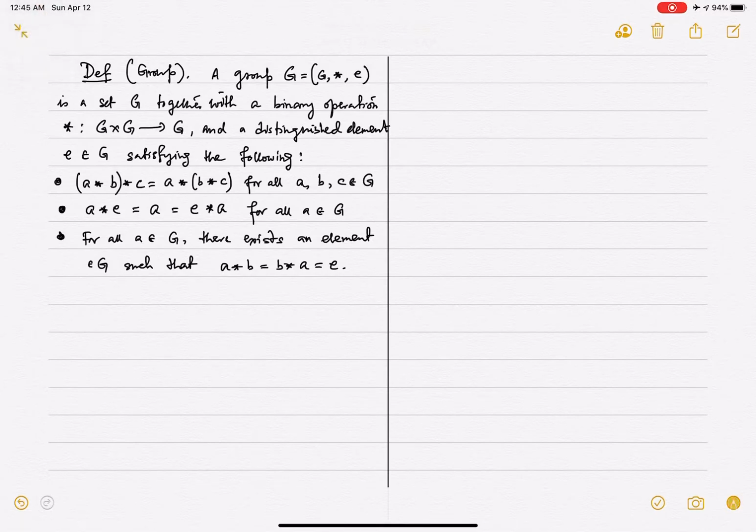So usually it's denoted by A inverse, and it's called the inverse of A. So there is an element A inverse such that A times A inverse is A inverse times A is identity. This is called the group law of G. And this is called the identity element of G.